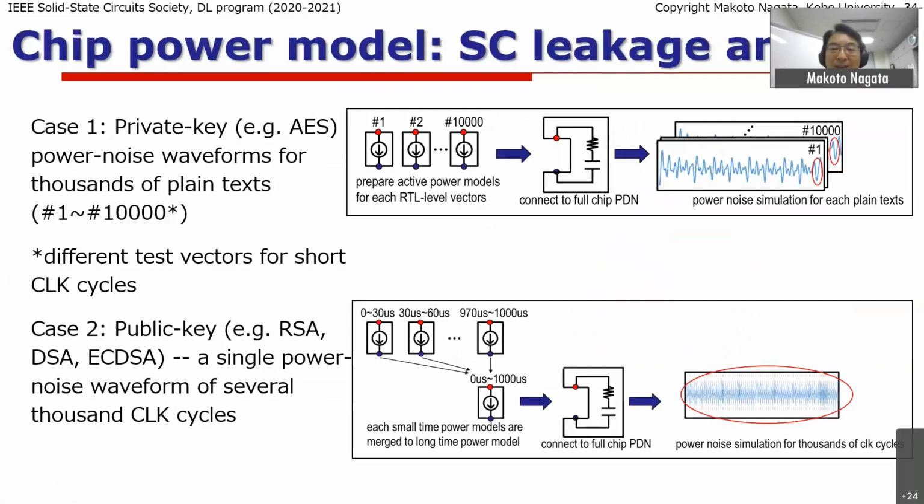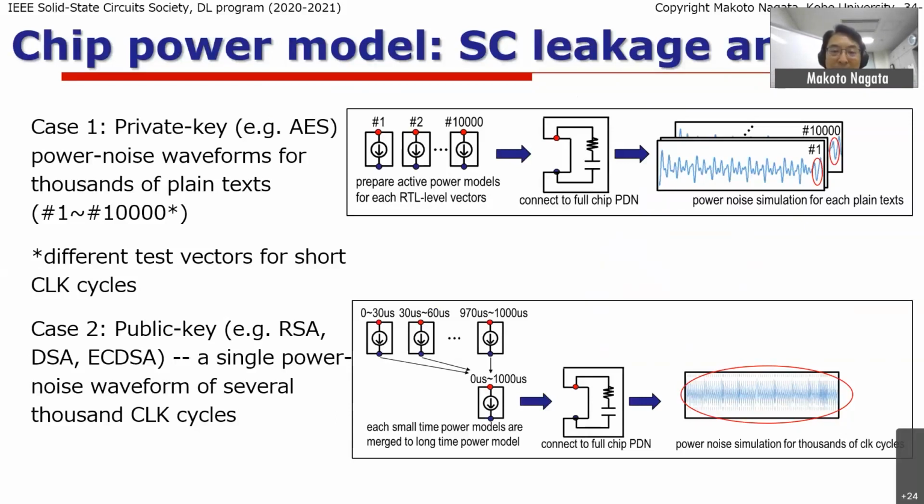In case 1, the private key, as I described in the previous slides for the AES, the power noise waveforms can be simulated for different plain text. Potentially, in the exploration of the architecture or the circuit techniques, typically 10,000 simulation cycles are sufficient. Not exactly sufficient, but you can use those simulation results to select which way we should go.